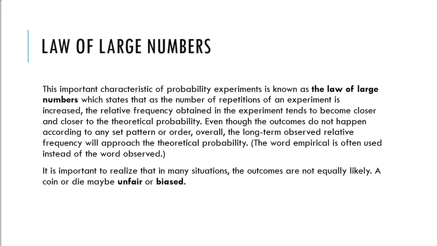An important characteristic of probability experiments is known as the law of large numbers. We saw that in chapter 2, because it says that as the number of repetitions of an experiment increases, the relative frequency obtained in the experiment tends to be closer and closer to the theoretical probability. We saw that with means.